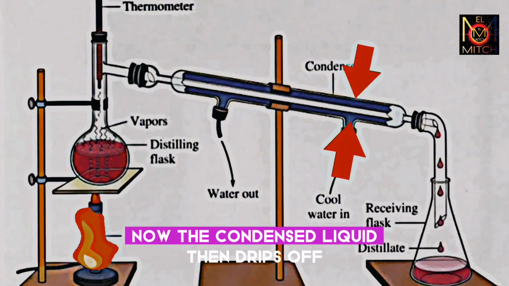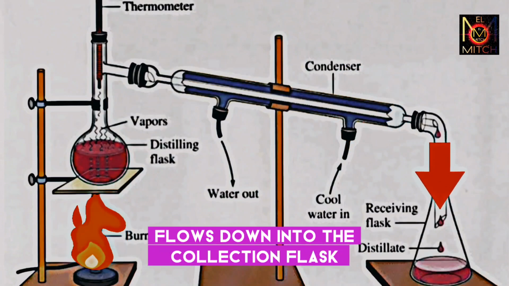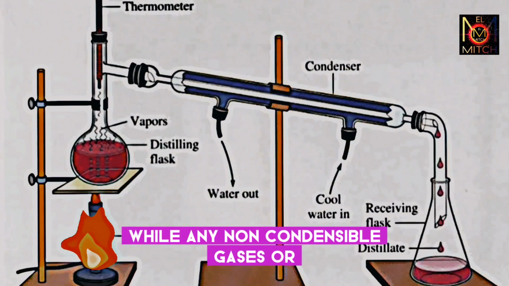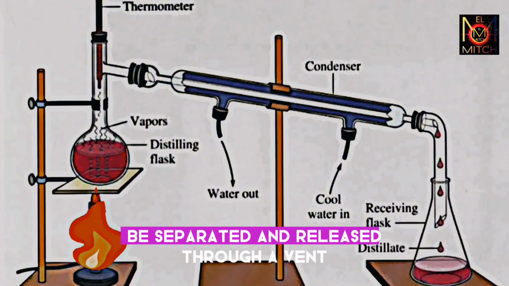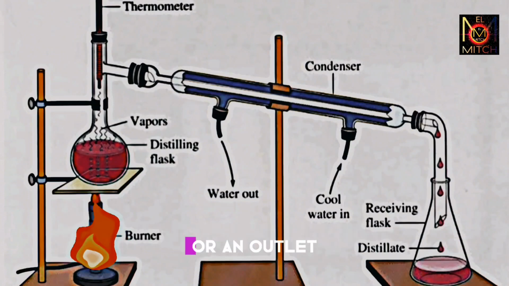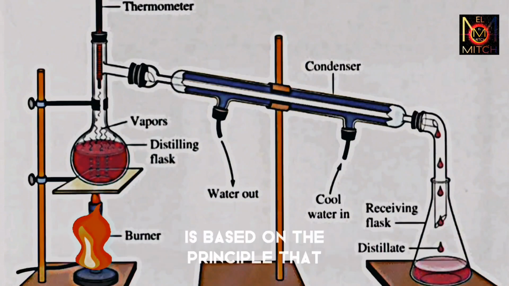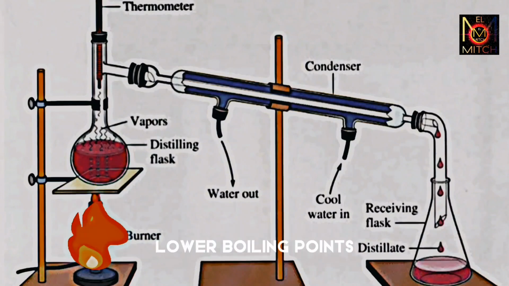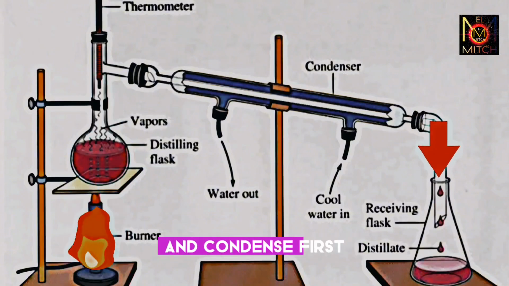The condensed liquid then drips or flows down into the collection flask, while any non-condensable gases or low boiling point components may be separated and released through a vent or an outlet. This separation is based on the principle that components with lower boiling points will vaporize and condense first.